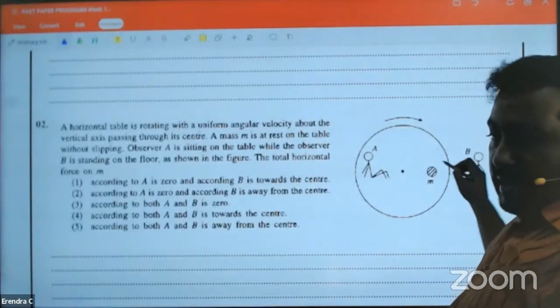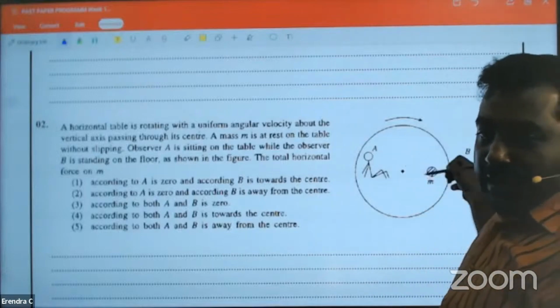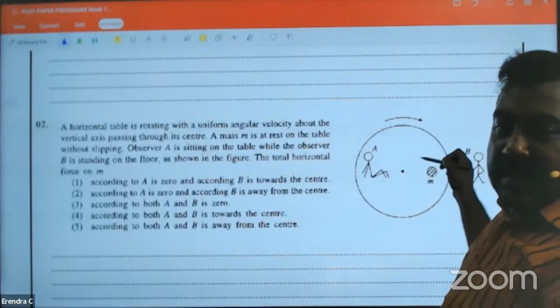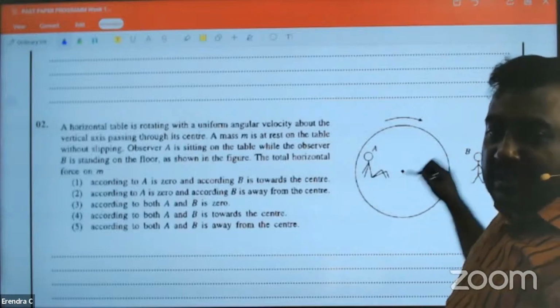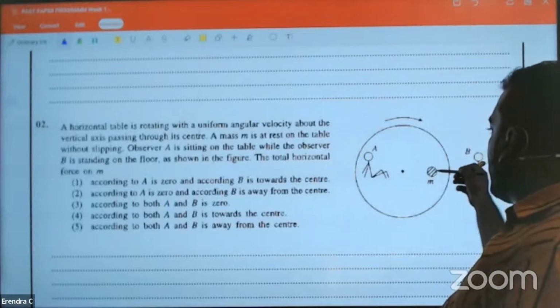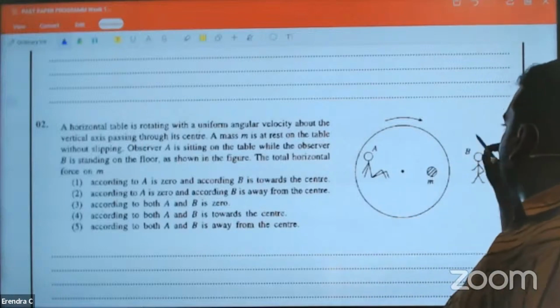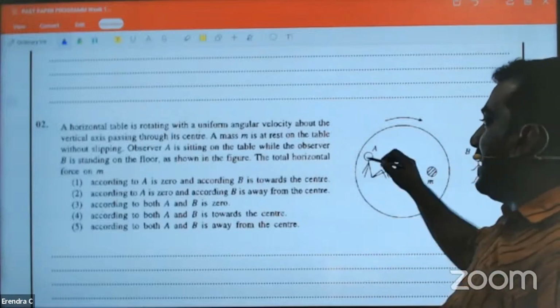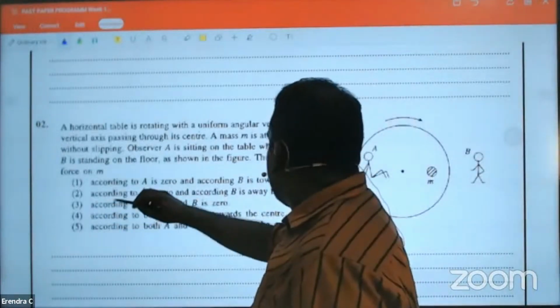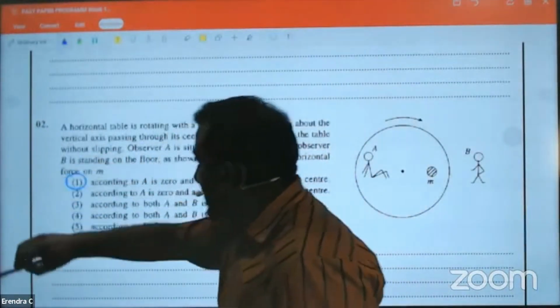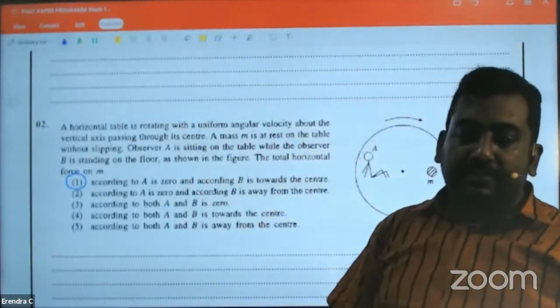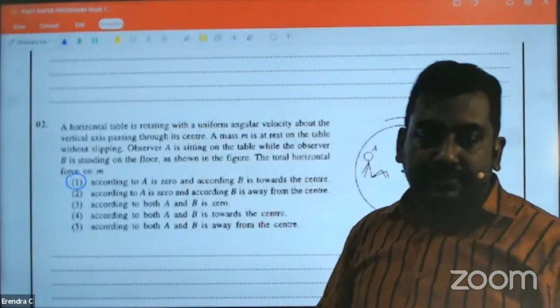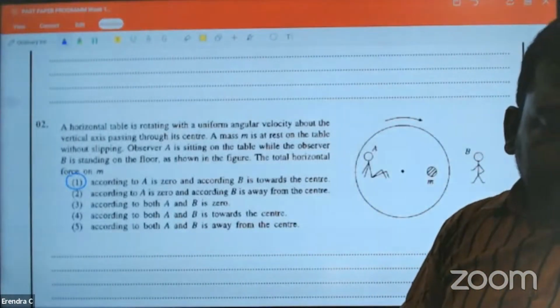But if you're outside, we know when you rotate, there should be a centripetal force. Somebody should provide the centripetal force. Who is providing it? Friction will provide the centripetal force. So B will see a force to the center, A will see no force. Therefore, statement 1 is correct.